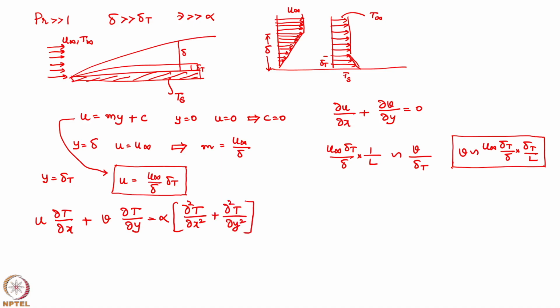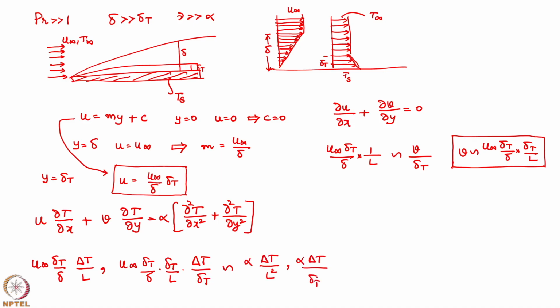The scale of u, as we have found, is u infinity delta T by delta, and the scale of del T is delta T divided by the scale of del x, which is L. The scale of v is u infinity into delta T by delta into delta T by L into delta T by delta T. This is of the order of alpha delta T by L squared, alpha delta T by delta T squared.